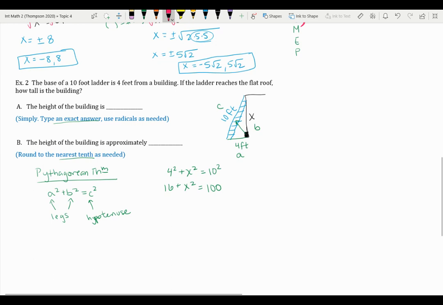So I need to isolate x squared. Do that by subtracting 16 from both sides. And then to get x by itself, I take the square root. Now when I take the square root of both sides here, I know I always get plus or minus.